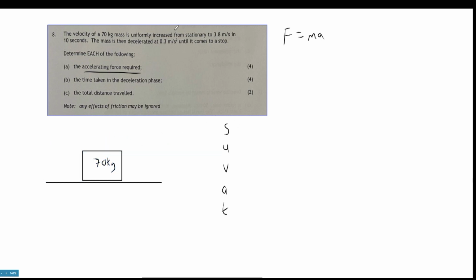We've got a 70 kilogram mass uniformly increased from stationary, so its starting velocity is 0. Its final velocity is 3.8 meters per second, and it's doing it in 10 seconds. So this is great, this is a SUVAT. We can use our SUVAT equations that we had a second ago. I'll write them out again. s equals (u plus v) over 2 times t.